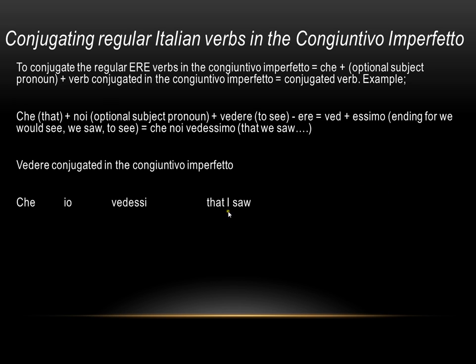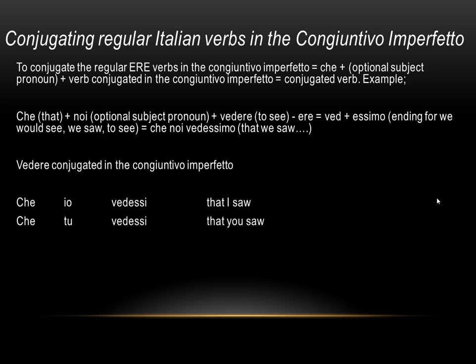Now, just like with the other verb, parlare, I could have put that I would see, that I saw, or to see. And this time, once again, just for simplicity's sake, I simply put that I saw. And I will use this tense for each of these. So, che io vedessi, that I saw.